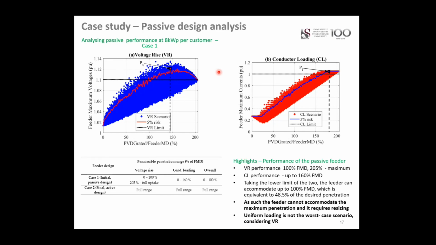So that's one scenario. Then my question is, do you consider that thermal capacity in your modeling? Do you model that as a hard number, or do you allow a certain level of overloading?